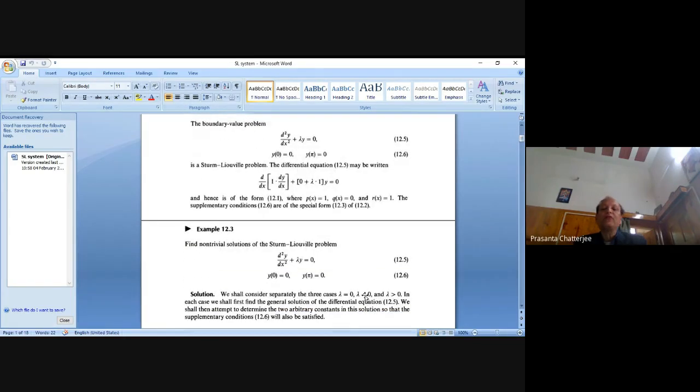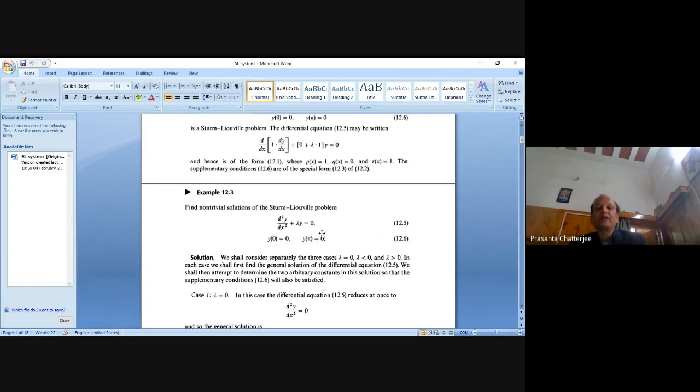Now, how to find the non-trivial solutions of the Sturm-Liouville problem? Suppose we consider the previous problem. So, what is a trivial solution? If you look into 12.5, it can be seen that if we put y equal to 0 in the left hand side, then naturally the left hand side will be 0.